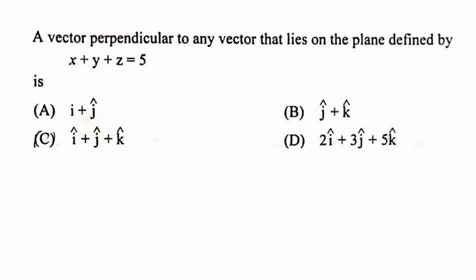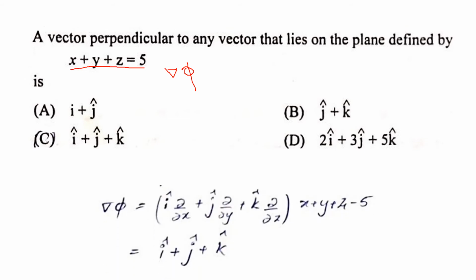A vector perpendicular to any vector that lies on the plane defined by x plus y plus z is equal to 5. So consider this as plane. So if you need to calculate a vector perpendicular to any vector, then you have to take gradient of this plane.